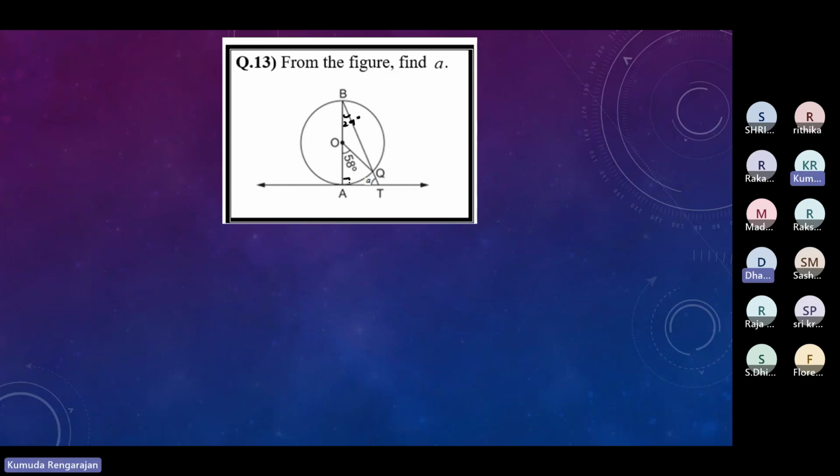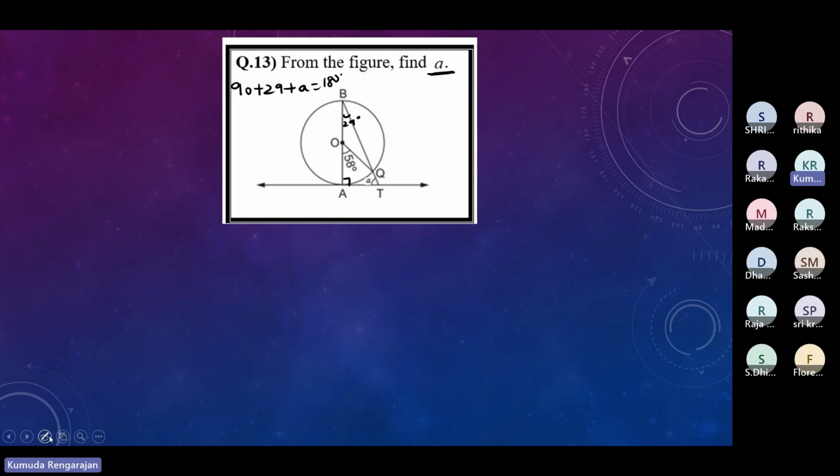Yes, ma'am. Is angle A an angle of that triangle BAT? Yes. So how will we find A? 90 plus 29 plus X is 180, ma'am. Very good. That's all.